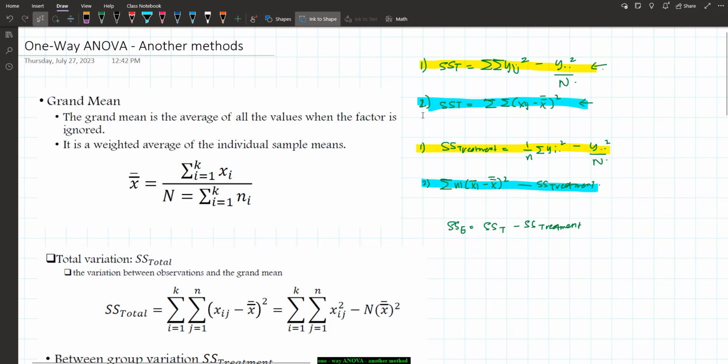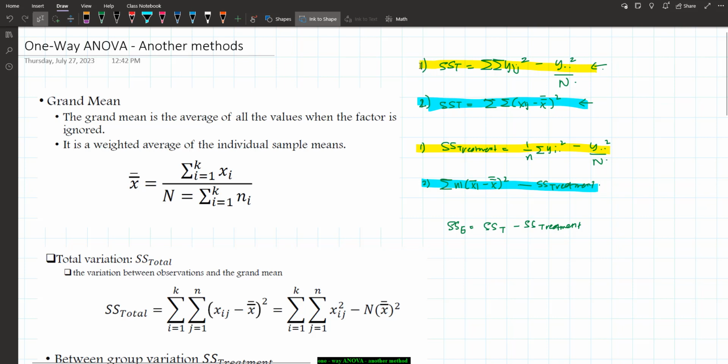So in this video, I'm going to show you how to construct a one-way ANOVA table by using another formula that will be provided for you in the final exam, right?